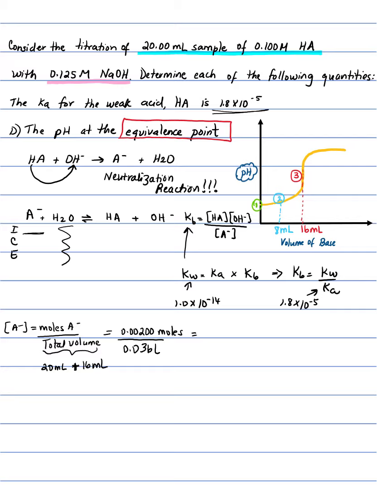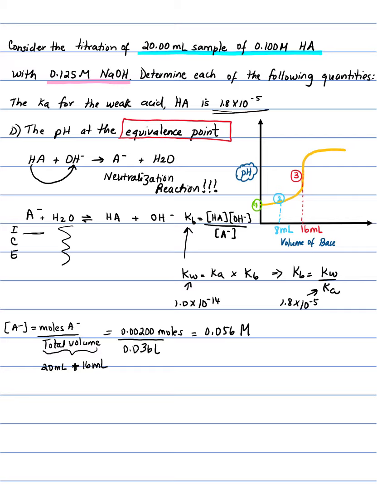equivalence point. So you do 0.002 divided by 0.036, and that's 0.056. Okay? That's your initial concentration for the conjugate base.